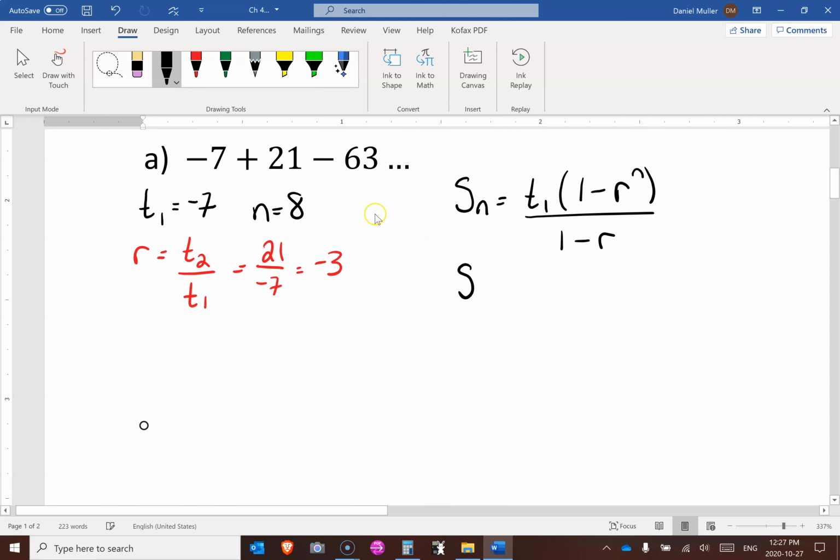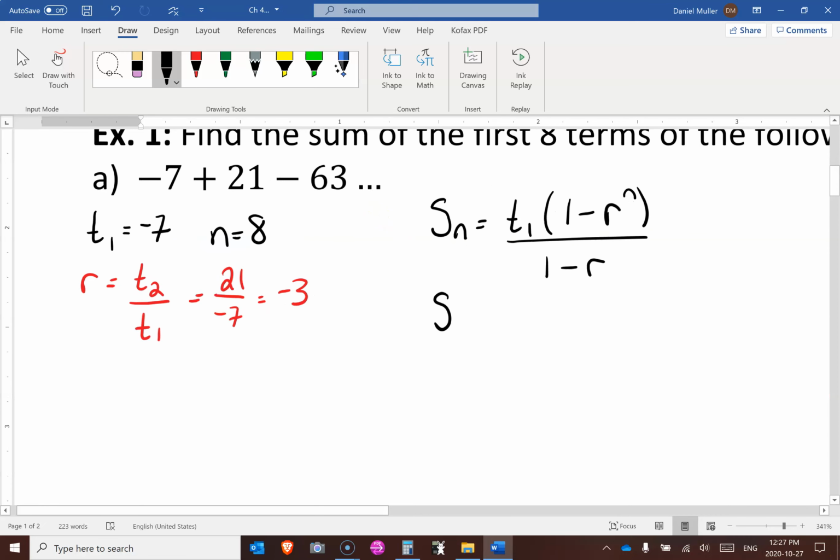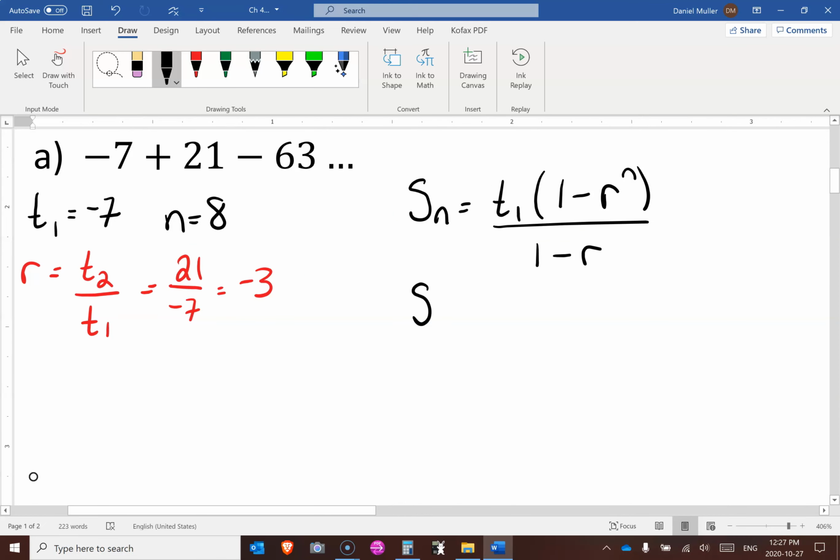So the sum of the first 8 terms, S8, is equal to the first term, -7, times 1 minus r, which in this case is -3.